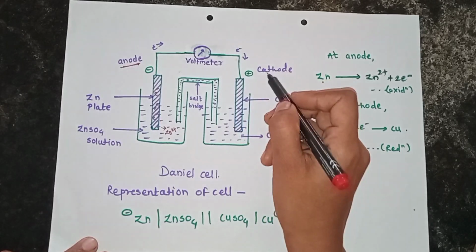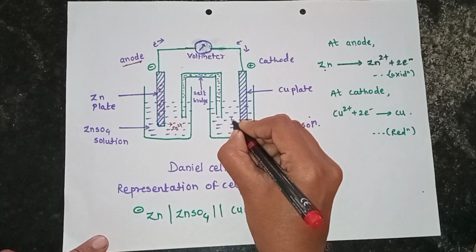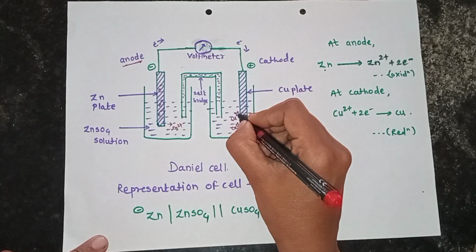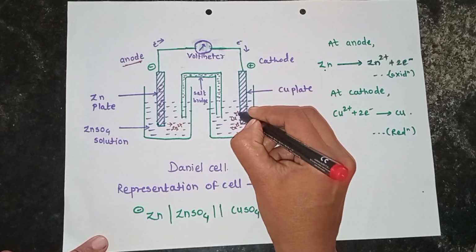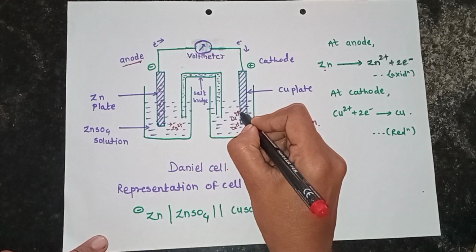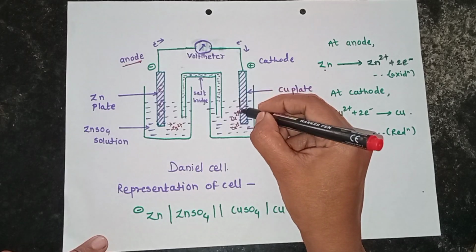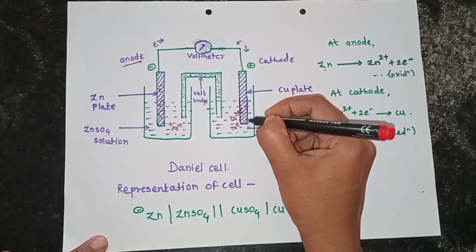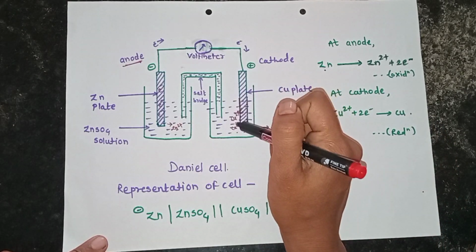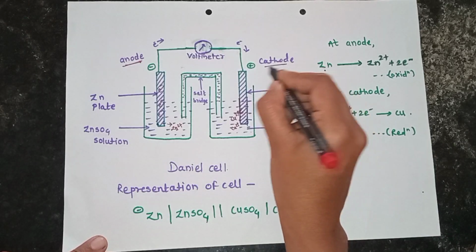At the cathode, there is the copper plate, and Cu2+ ions are present in the solution. These Cu2+ ions accept the electrons which travel from the zinc plate and form solid copper, which is deposited at the cathode. The copper plate accepts the electrons, so the reduction reaction is carried out there, and the copper acts as a cathode.